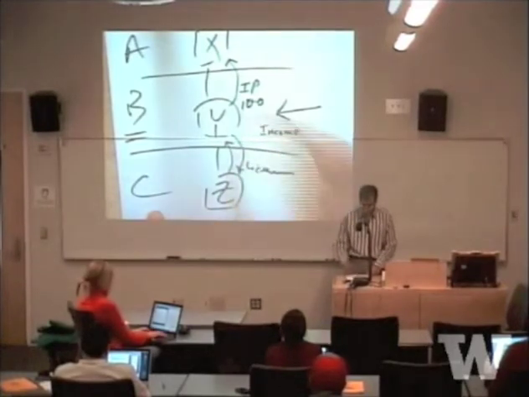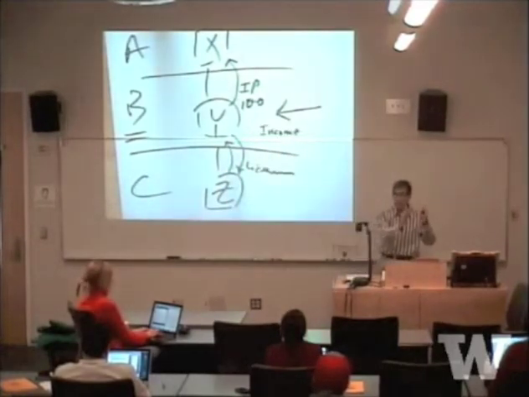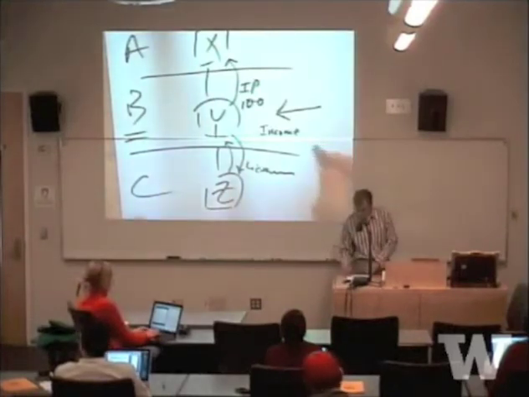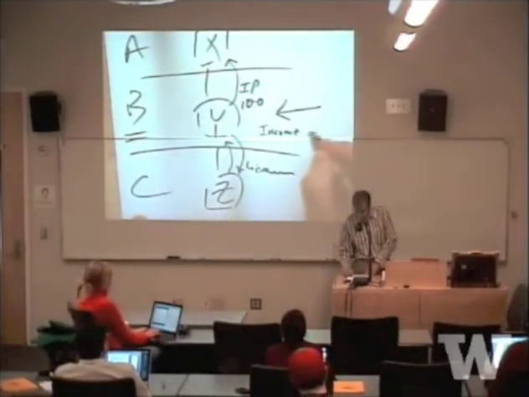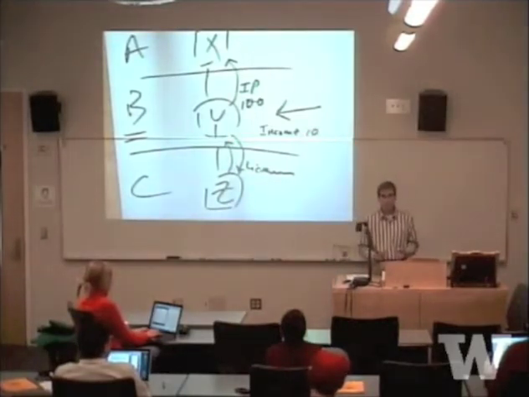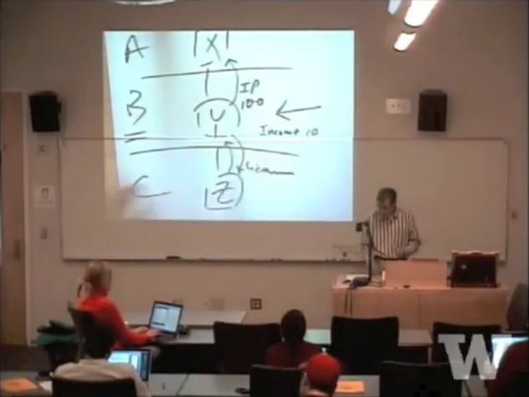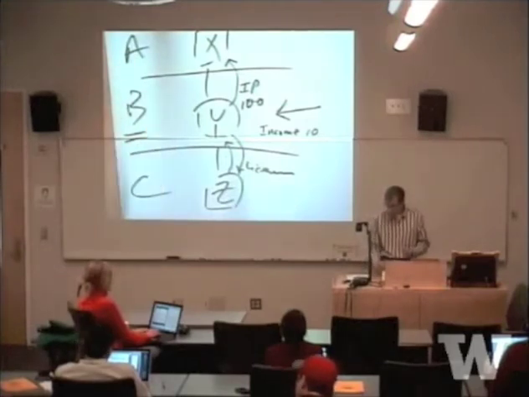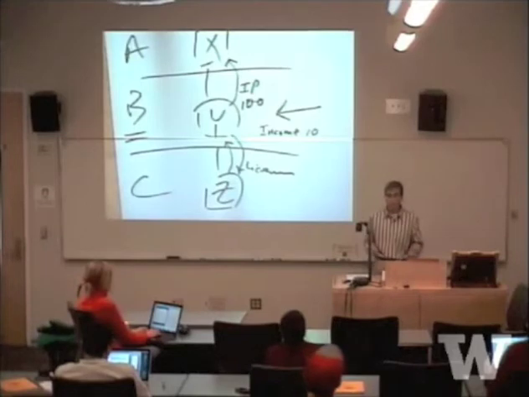Let's say that royalty stream in one taxable period is 10. And because of the tax treaty between B and C, there's very low or zero withholding on the royalty.